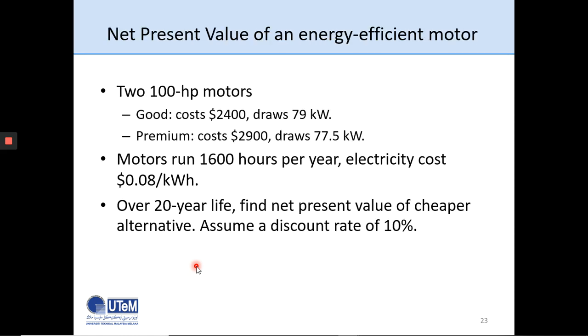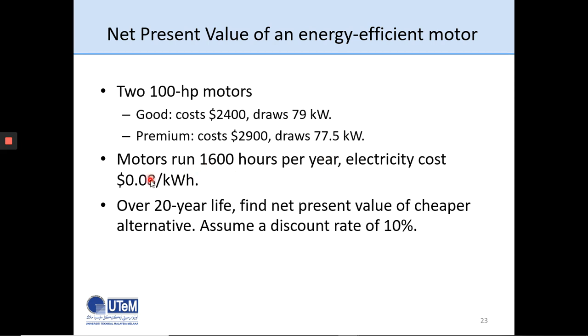Let's say you are an engineer in a factory and you have two options of buying motors. You want to buy a 100 horsepower motor and you have the option of buying either a good motor or a premium motor. A premium motor costs $500 more but draws less power. It needs less power to run.